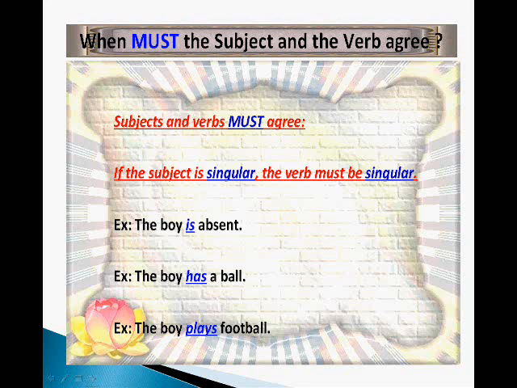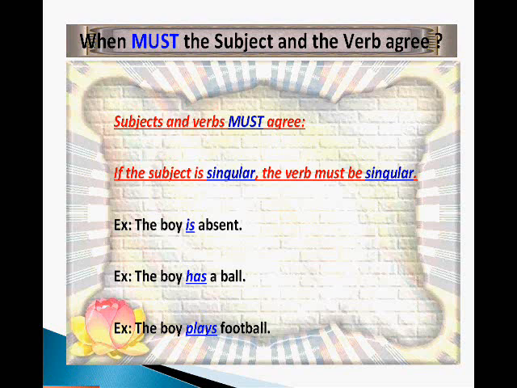I can change the subject into the girl plays football, or I can say Ali plays football, or it can be Mona plays football. So whatever, if I have he or she here as subjects, then the verb should take S. And please notice that S in the verb means singular, okay?